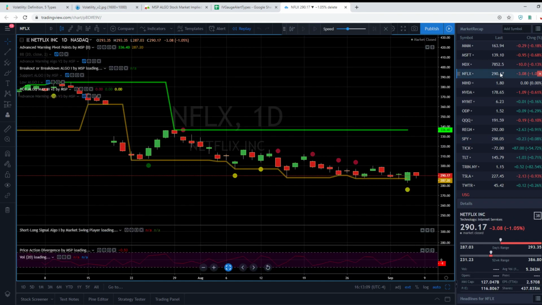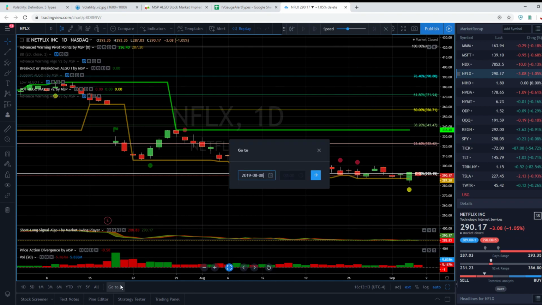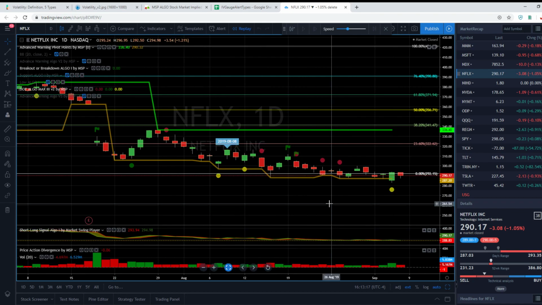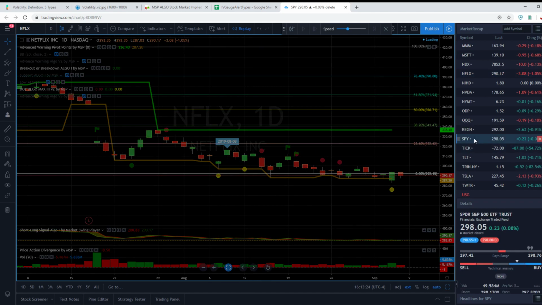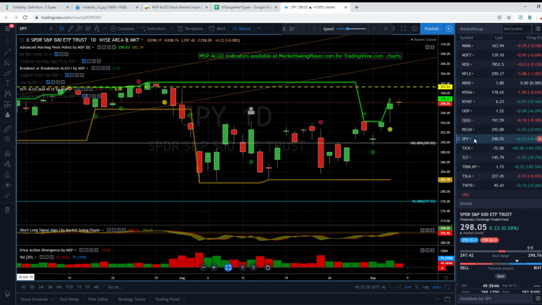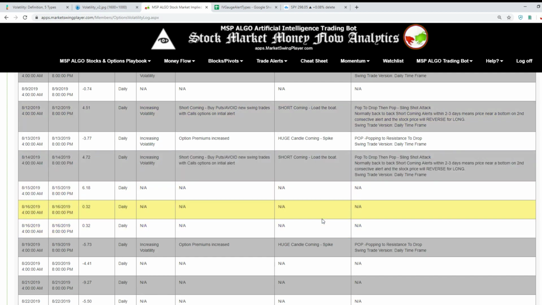Let's look at another stock. So Netflix was kind of like chopping and doing its own thing, right? So a great stock to use is like a SPY, which has 500 stocks and is more likely in sync with this gauge, okay?